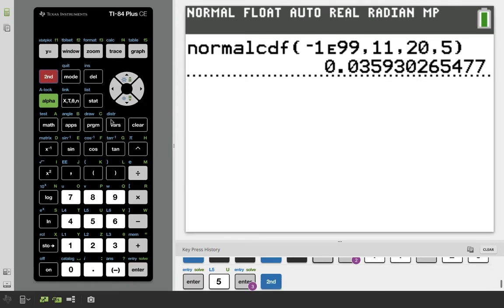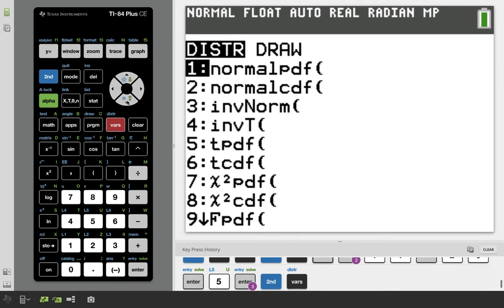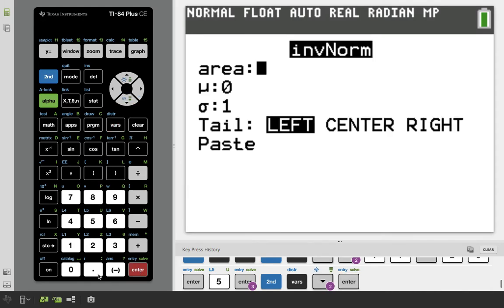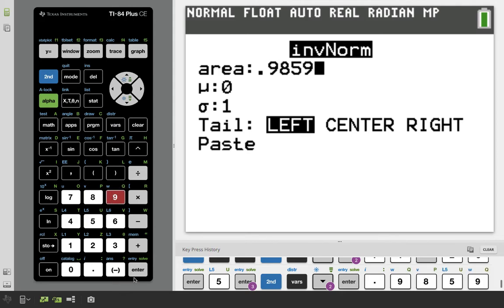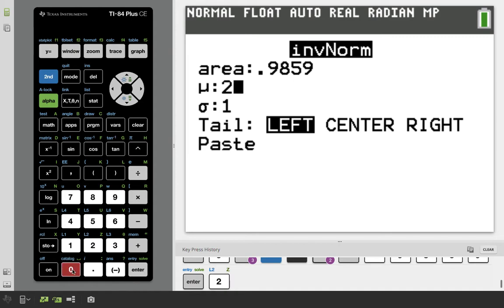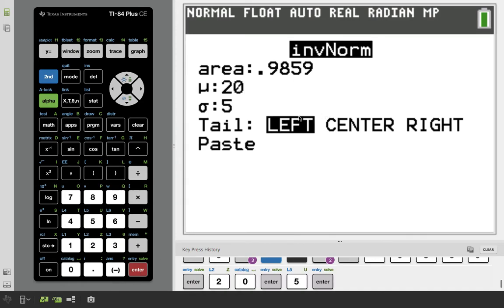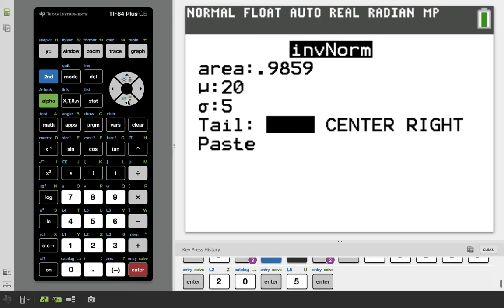So I go same thing again, second dist inverse normal, 0.9859, mean 20, standard deviation 5. Now I'm just going to keep this on left. Newer calculators, you get the option. Older calculators, the default is left and you don't get to change it.